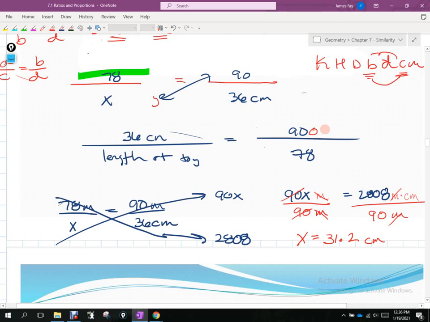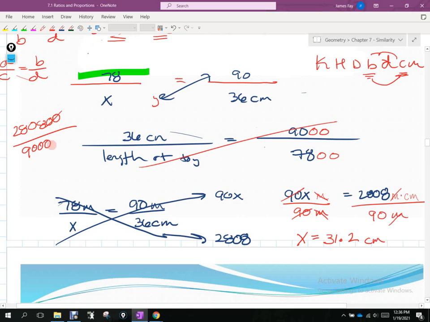So 90 meters is 9,000 centimeters, right? Okay. 78 meters is 7,800 centimeters. Now if I cross multiply, 36 times 7,800 is going to give me 280,800. And when I multiply these two, it's going to give me 9,000.